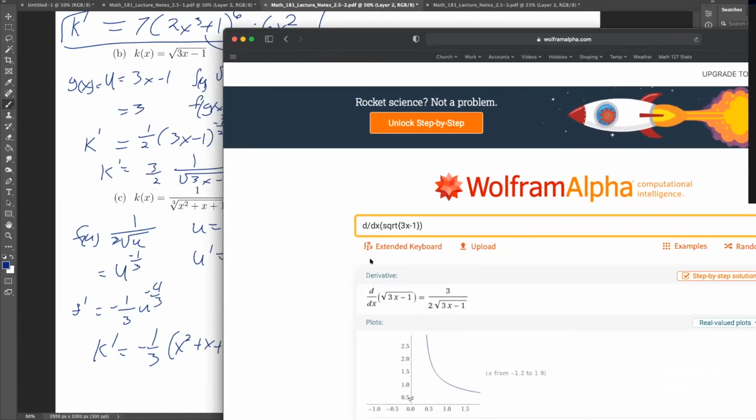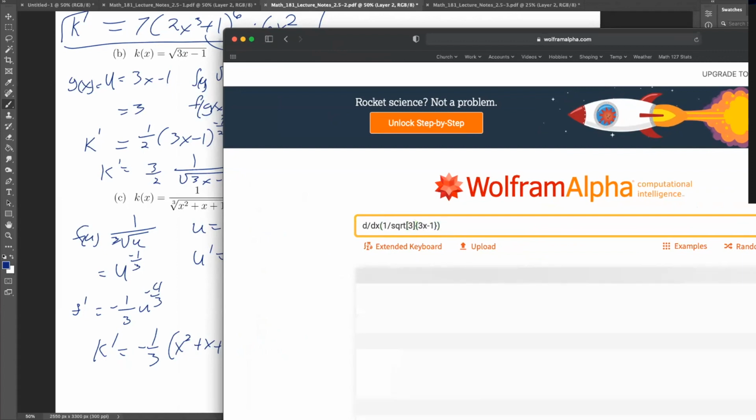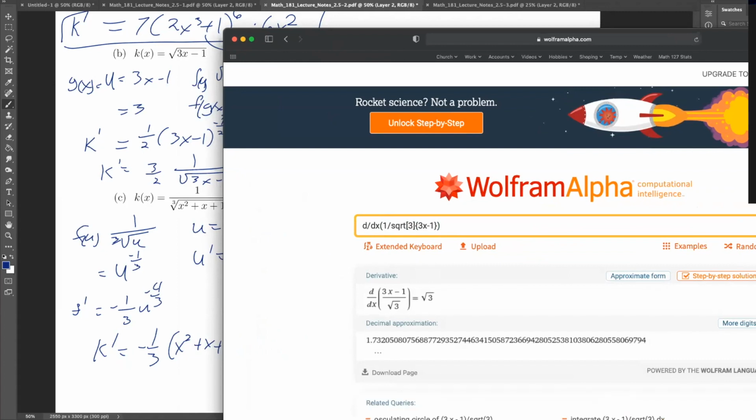See if I can type in the next one here. So here I want to take 1 over the cubic root, which is not the square root. I don't think I typed this in the way I type it in. That's how you type it in when you're typing it up in LaTeX. I don't know if it's going to read that correctly. No, it does not. Okay.